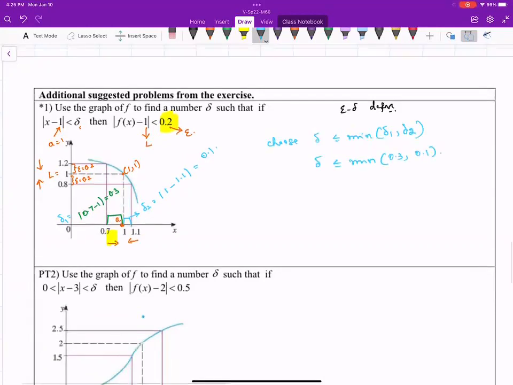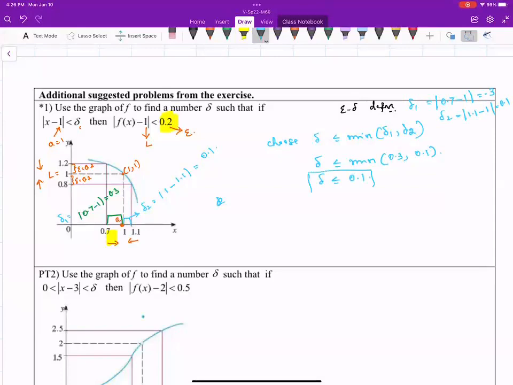You also mentioned that the difference delta 1 is the distance between 0.7 and 1, which is 0.3. Delta 2, the difference between 1.1 and 1, is 0.1. The delta is smaller than the minimum of these two, which is less than 0.1.